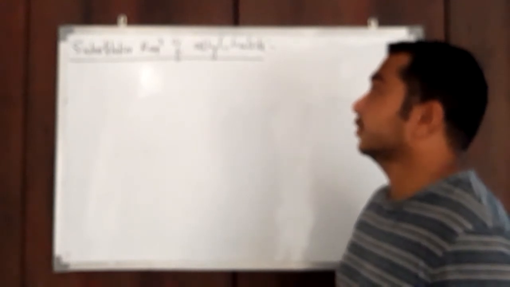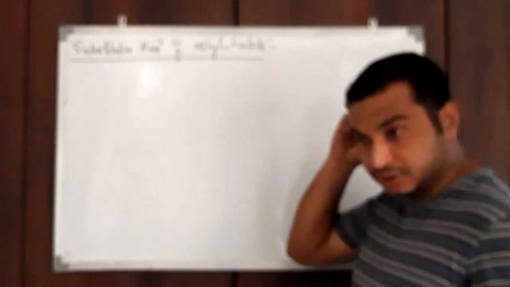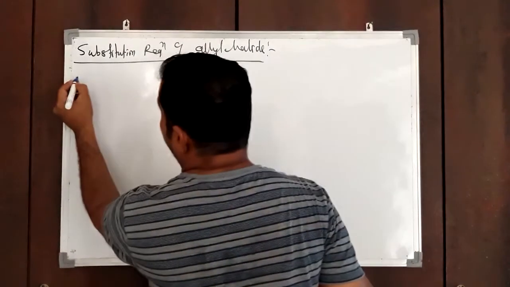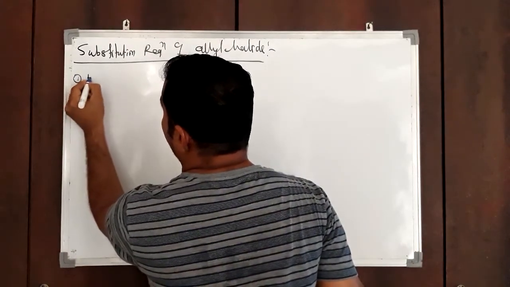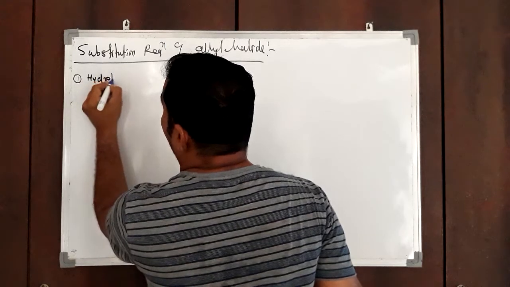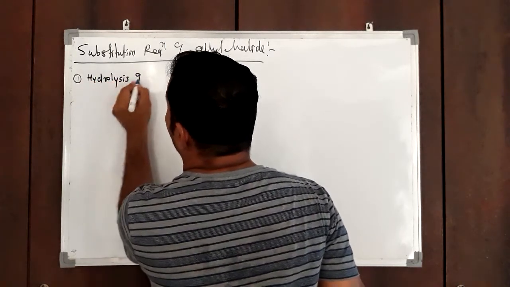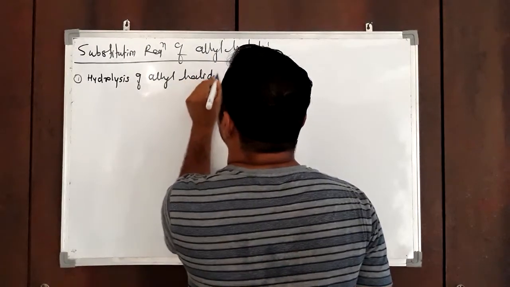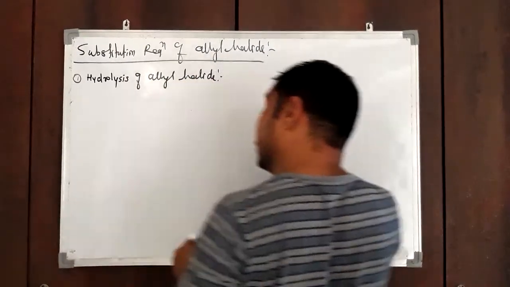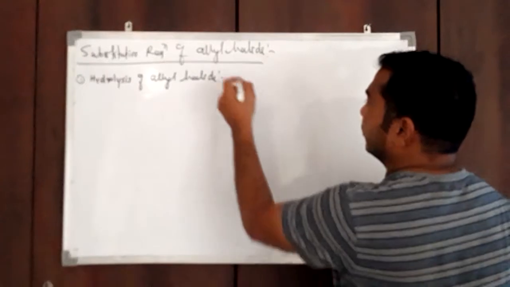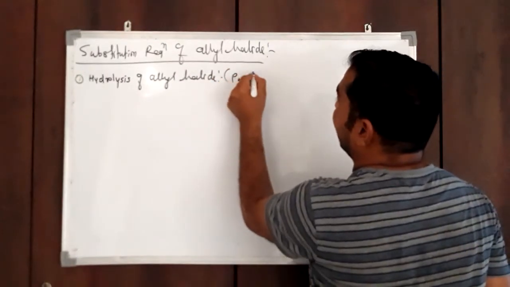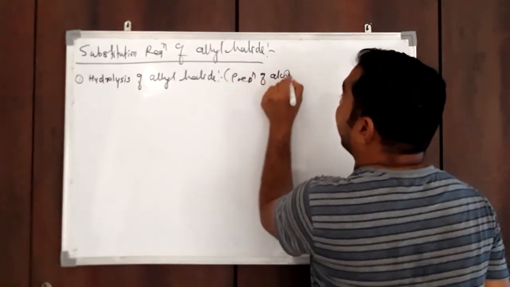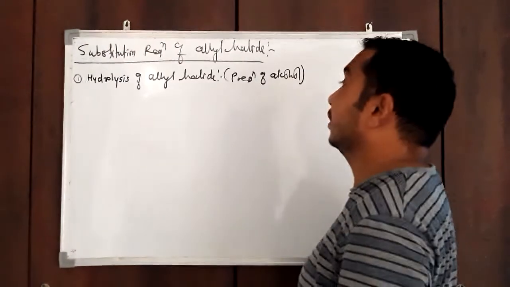So student, now we will discuss various examples of substitution reactions given by alkyl halide. First, hydrolysis of alkyl halide, or preparation of alcohol by using alkyl halide.